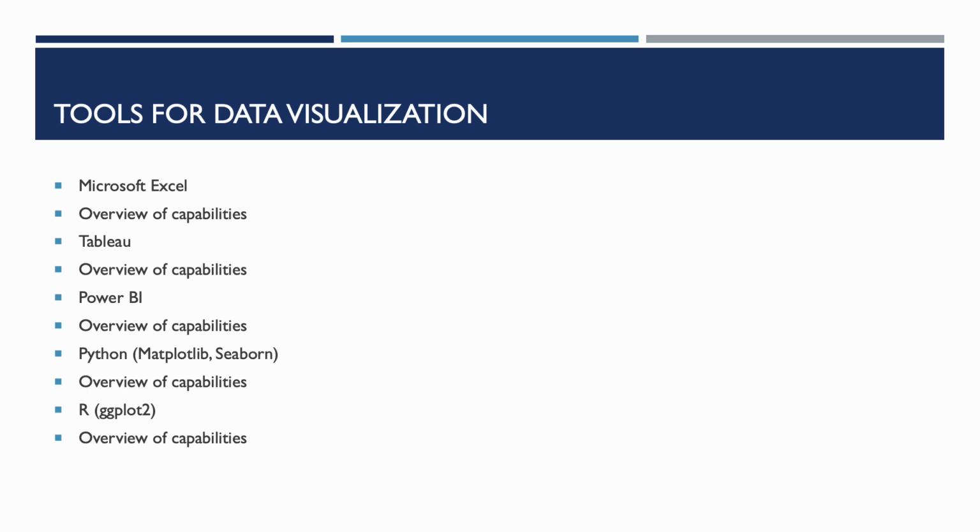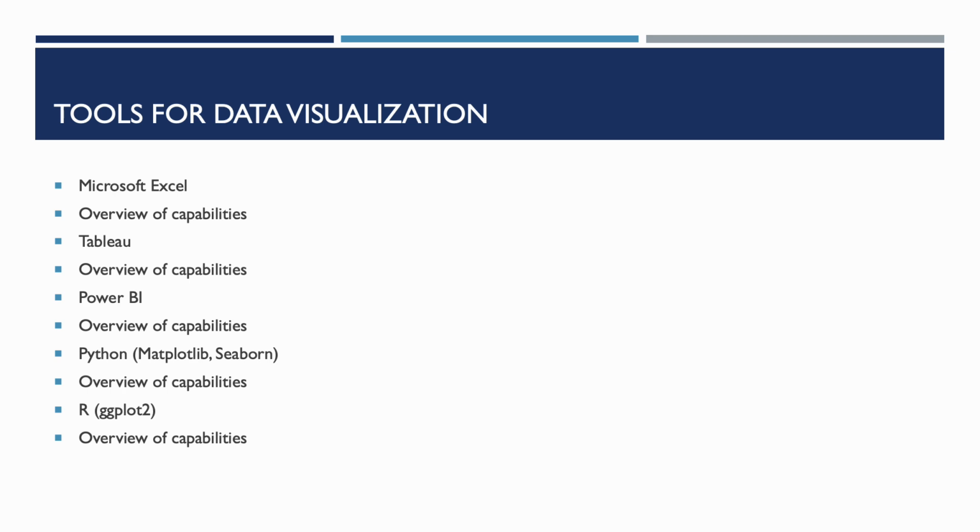Next is Python. If some of you already know about the Python language, it is a versatile programming language, and with libraries like Matplotlib and Seaborn, which are two libraries in Python, it becomes a more powerful tool for data visualization.